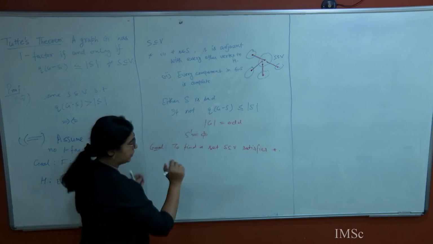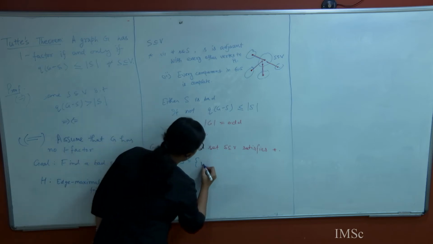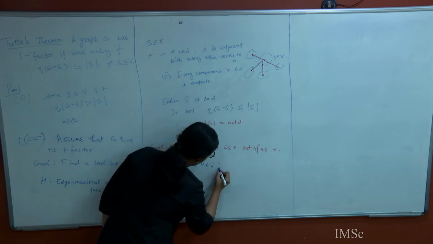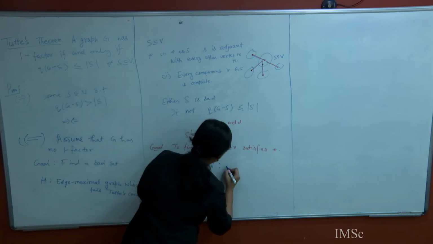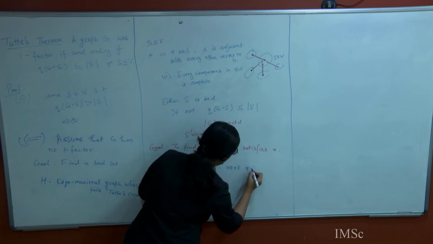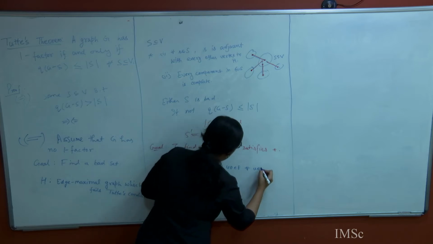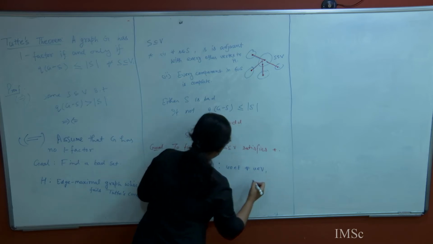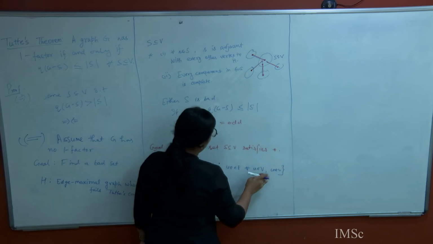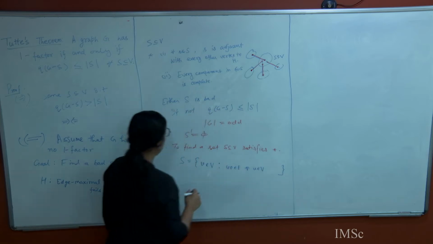So, we will start from there. We will say, okay, let S be the set of all those vertices v such that uv is an edge for all u belonging to V, and we don't have to write u not equal to v also because there is no loop.